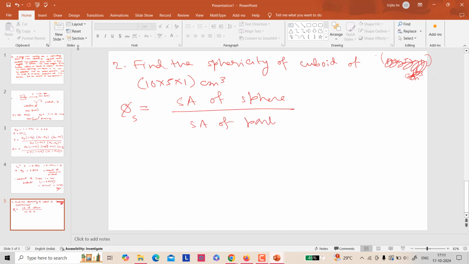That means their volume is the same. The volume of the sphere is 4/3 pi r cube, where r is not known, and the volume of the cuboid is 10 into 5 into 1. So we'll calculate r from here. If you calculate r, you will get r as 2.285.